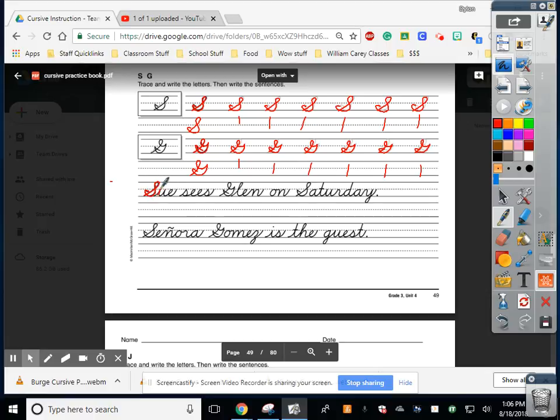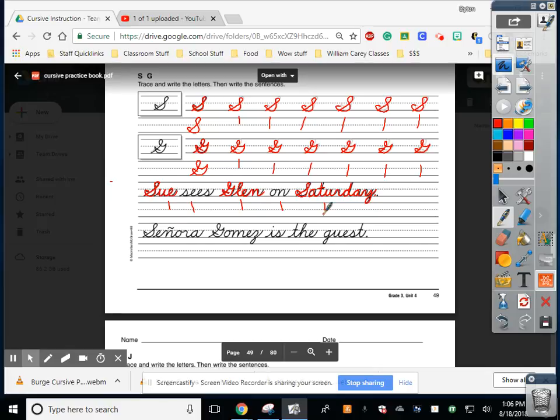Sue, S-U-E, sees Glenn, on Saturday, S-A-T-U-R-D-A-Y. Okay, and then you trace each of those words yourself. Very simple. Senora Gomez is the guest.